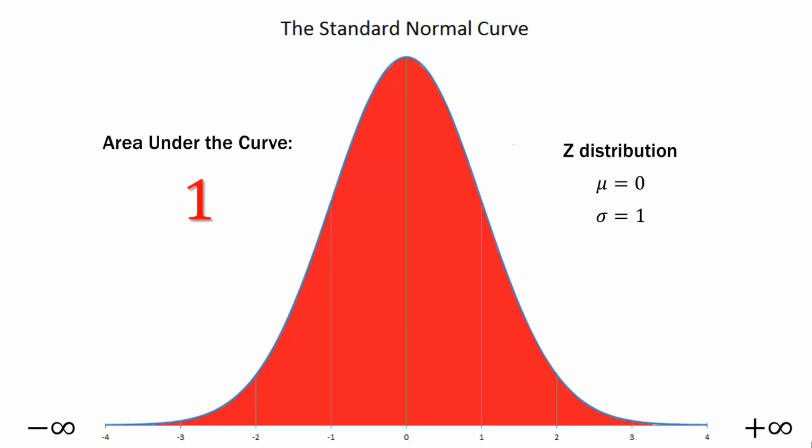Now, just like the uniform continuous distribution, the area under the curve here adds up to 1. But of course, it's a curved shape, so it presents us with a little more challenge with finding certain probabilities underneath it. But the area under the curve is still 1.